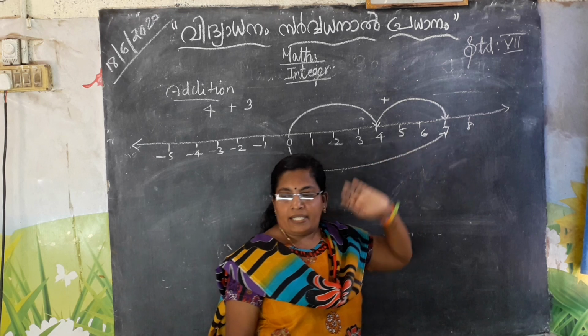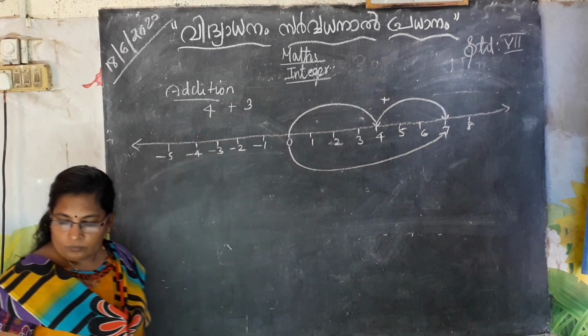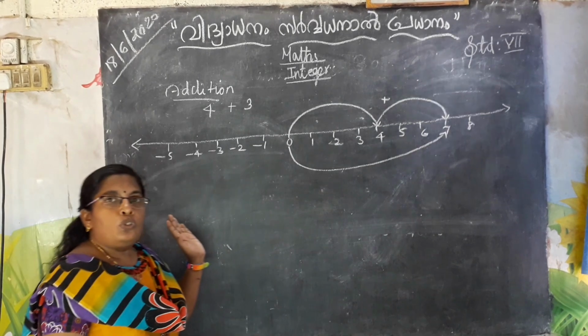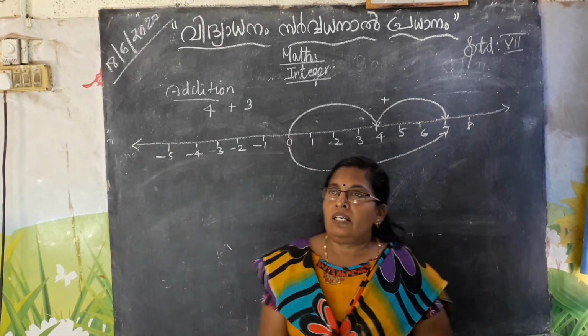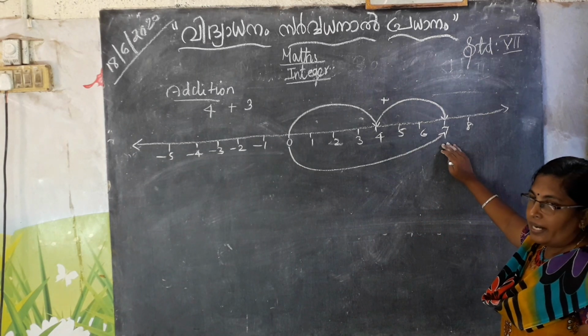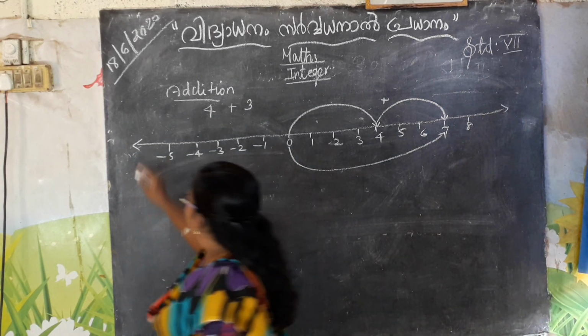To the right side. We move to the right side. When we add two positive integers, we will move to the right side.